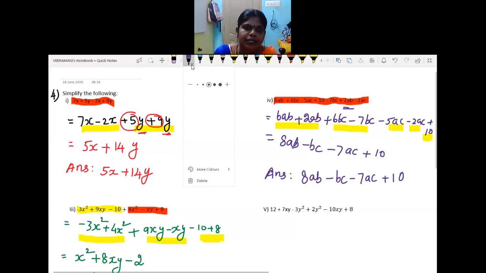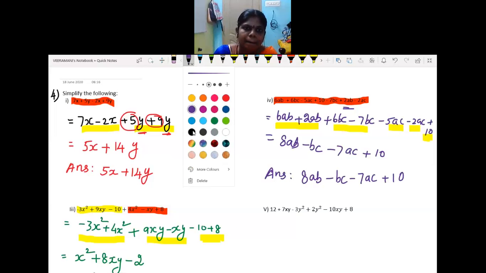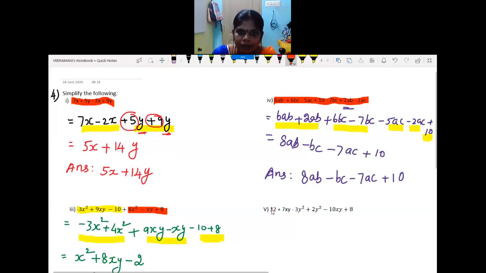The next question is 12 plus 7xy minus 3y square, 2y square minus 10xy plus 8. So what we are going to do? We are going to simplify this. Okay, children. First, grouping the like terms.